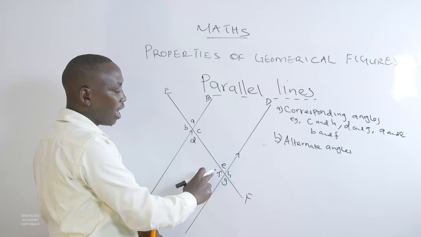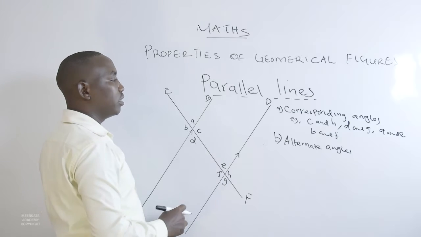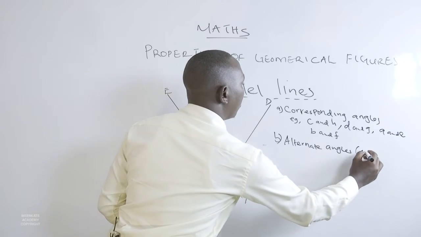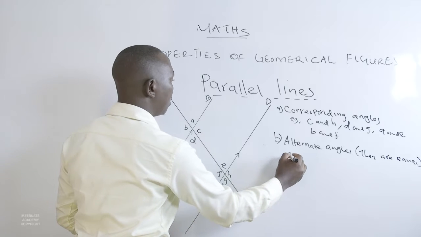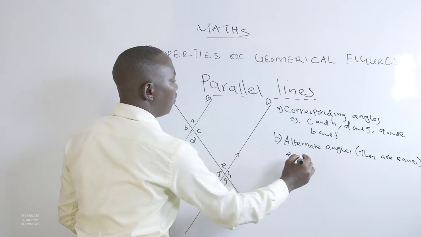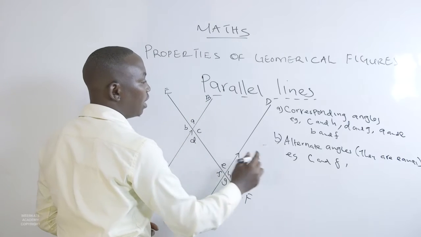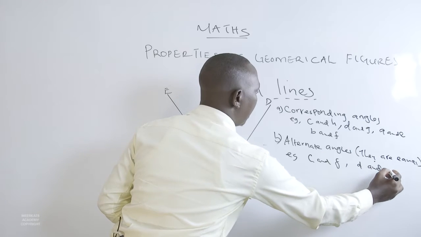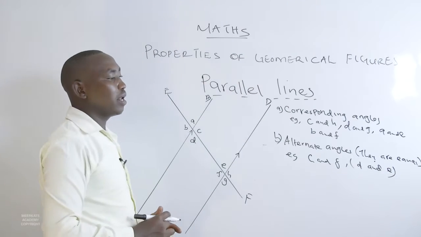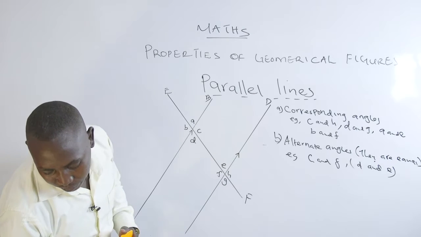C is alternating to F, also D is alternating to E. So they are equal. An example, angle C and F, and also D and E. They are called alternating angles.